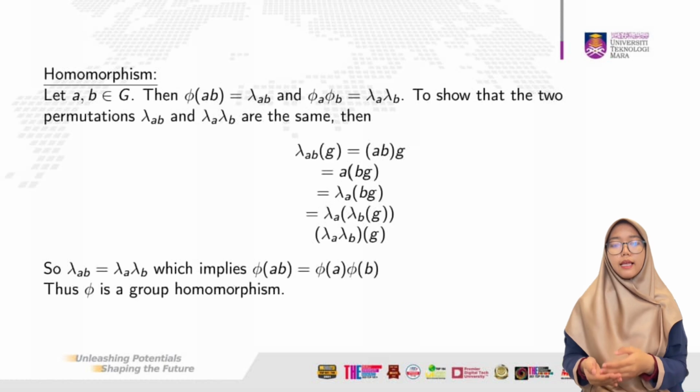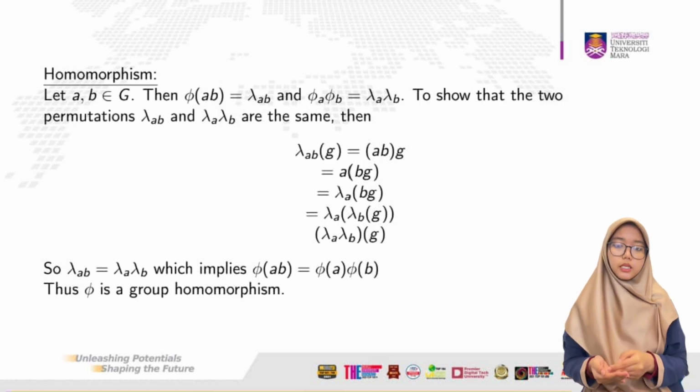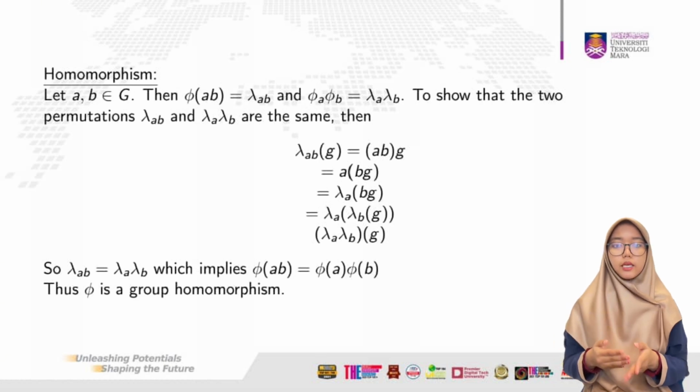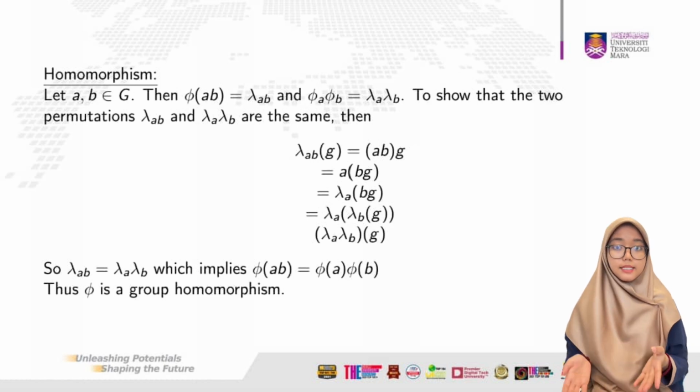Then we get lambda a times lambda b times g. So lambda ab equals lambda a times lambda b, which implies phi(ab) equals phi(a) times phi(b). Thus, phi is a homomorphism.